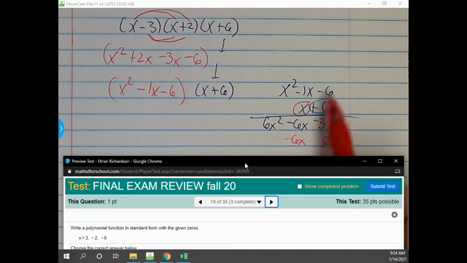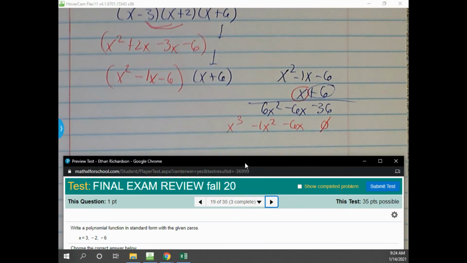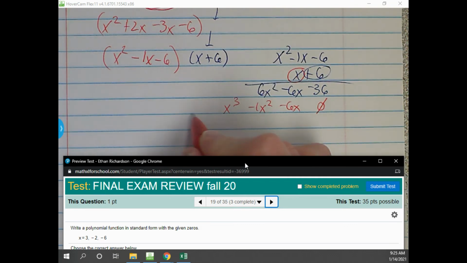So we've got x times negative 6 for negative 6. X times negative 1x is negative 1x squared. And then x times x squared would be x to the third. All right, and then put all that together.